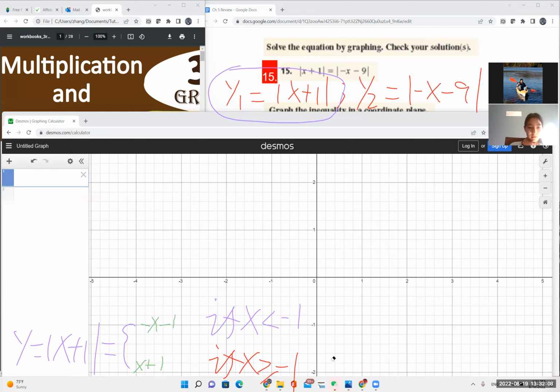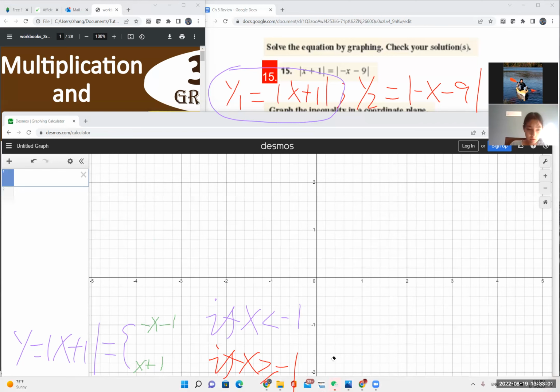So negative x minus 1. Yeah, draw it, of course, draw it one by one.